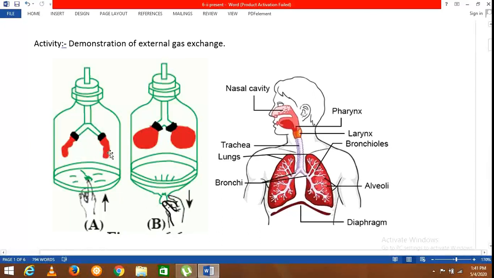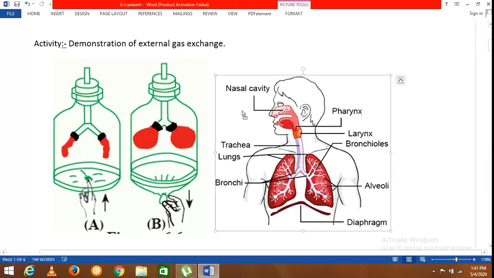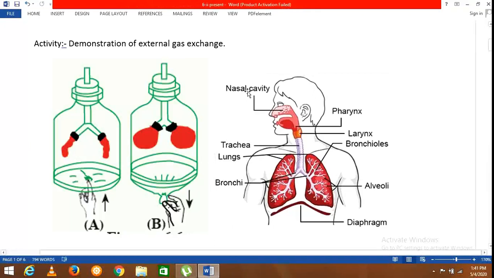The balloons are constricted here. So by using this setup, we can easily understand the functioning of our respiratory system, the external gaseous exchange which takes place.